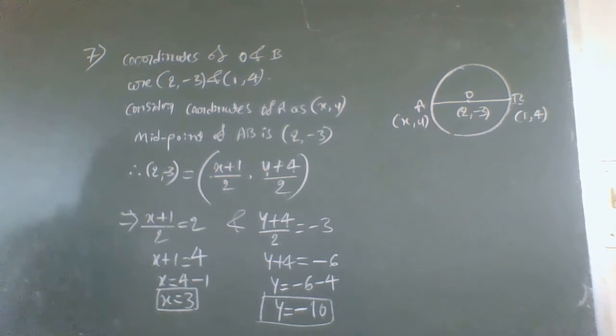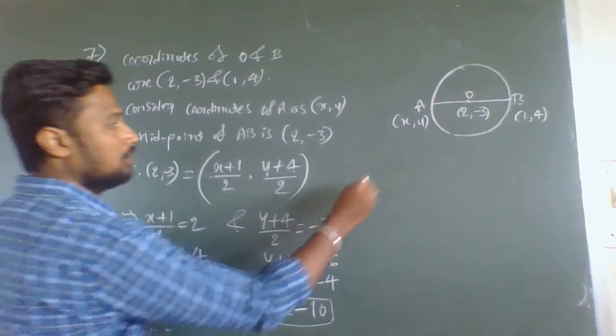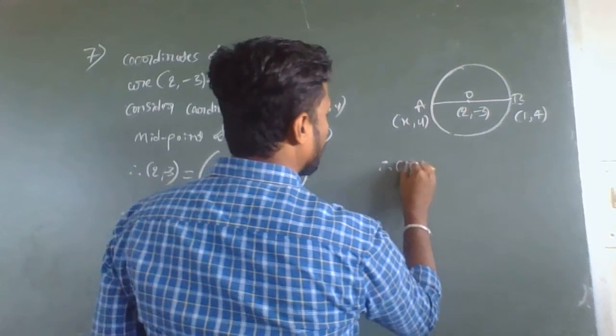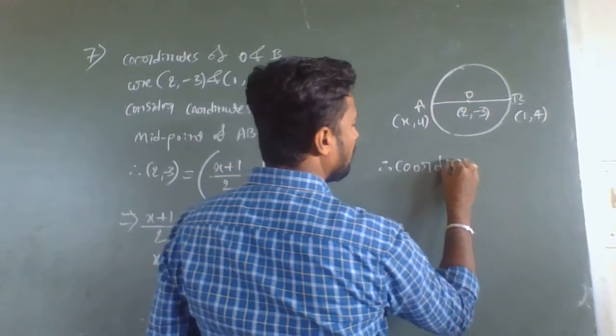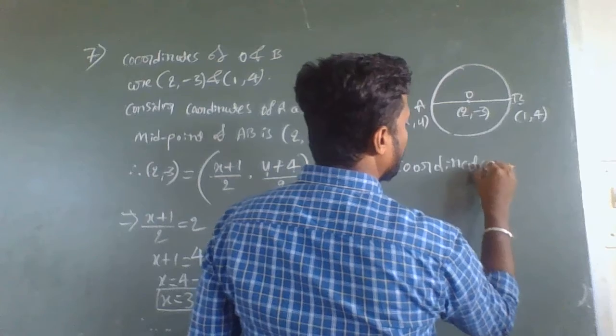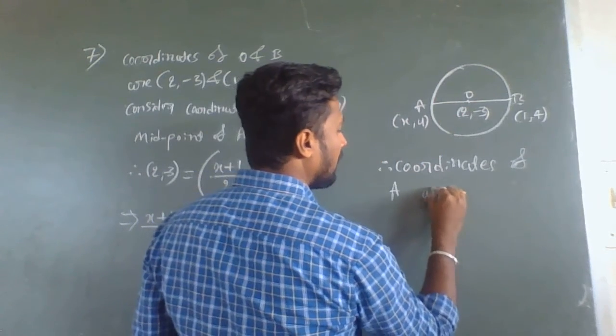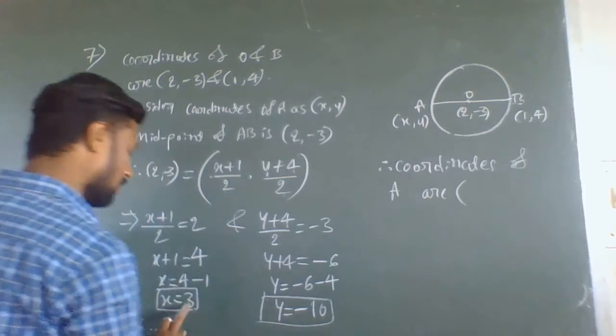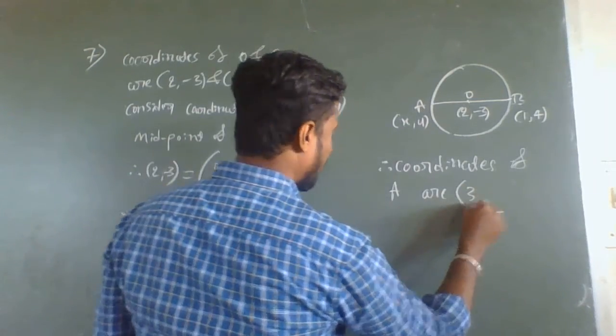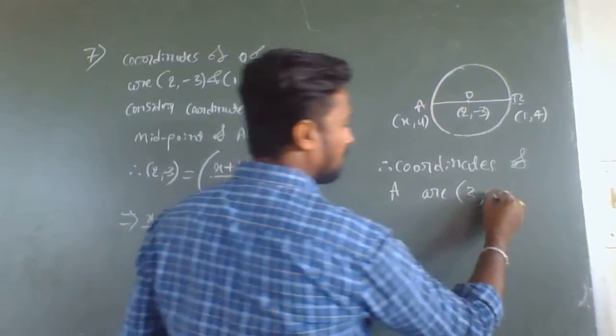Below this you should write: therefore, the coordinates of point A are x value 3 and y value minus 10.